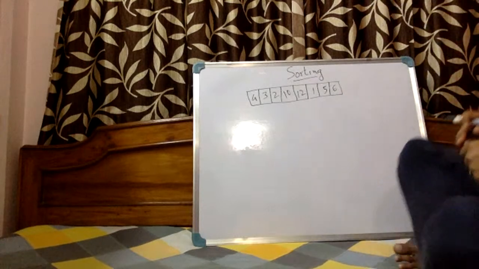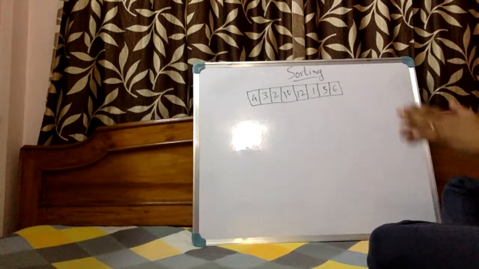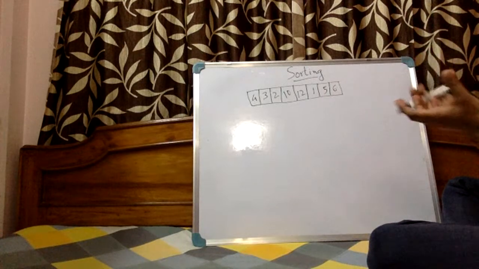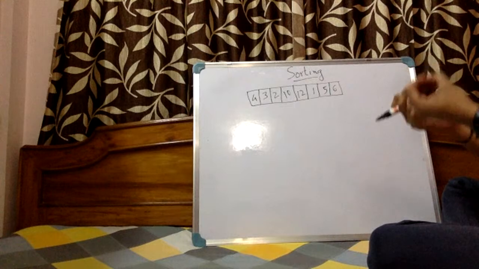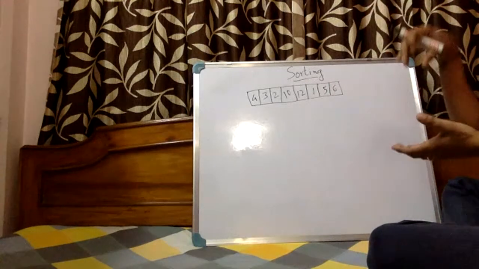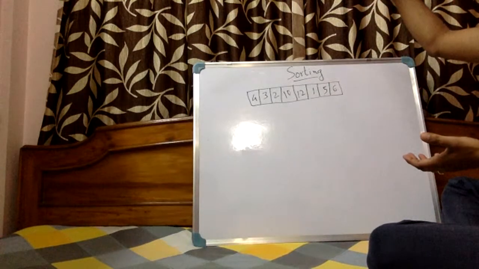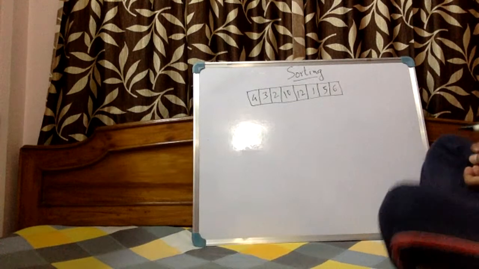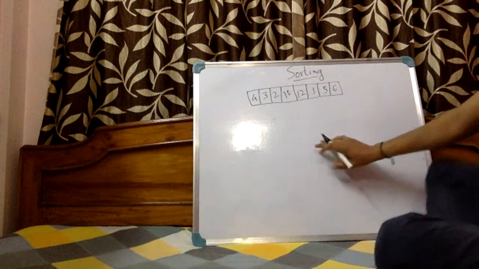Okay, so for this, what the bubble sort algorithm is saying is that just like a bubble moves upward from the below to the uppermost portion, just like that, we begin in this way.